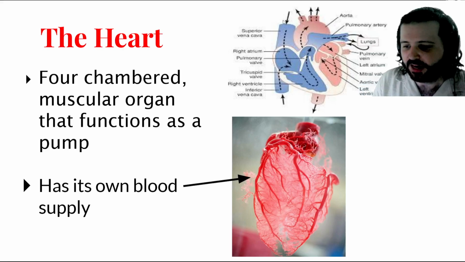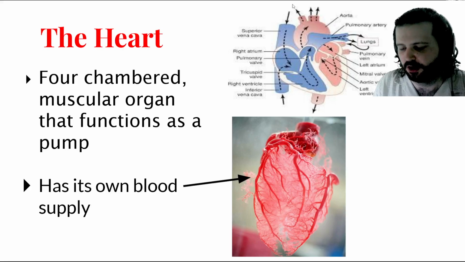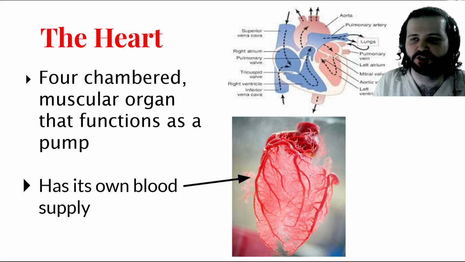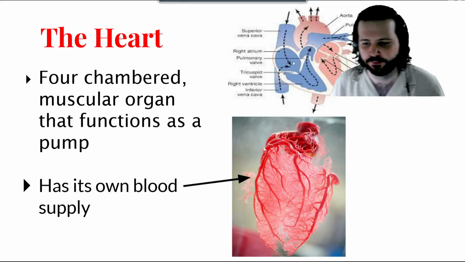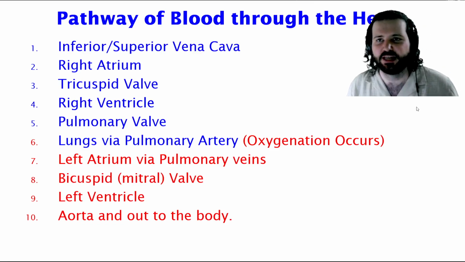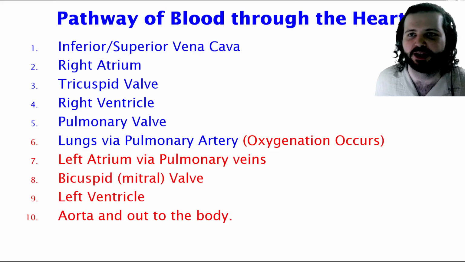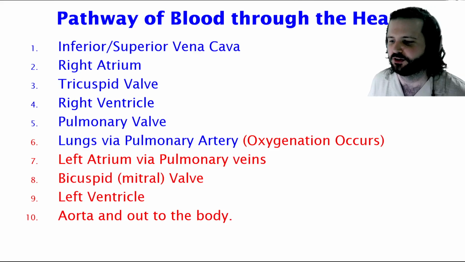And then it also brings deoxygenated blood in, so all the stuff that's been used, and then it circulates it to the lungs, and then it gets oxygenated in the lungs, then comes back to the heart to be spread out through the body. And this is the actual written down pathway of the heart. Now, you don't have to memorize this, but if you do want to impress me, I do think it's really important.